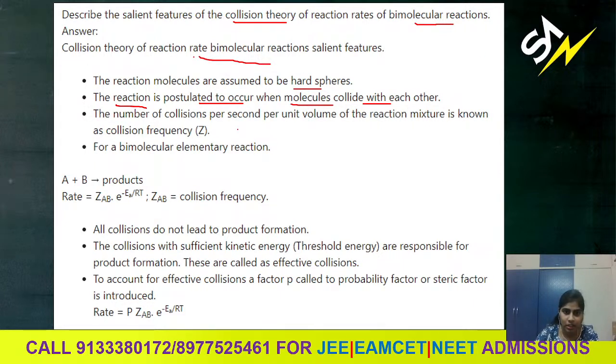The number of collisions per second per unit volume of the reaction is known as collision frequency. They are asking for a bimolecular elementary reaction. If we are taking bimolecules, that is two molecules, when A plus B collide, they form products.